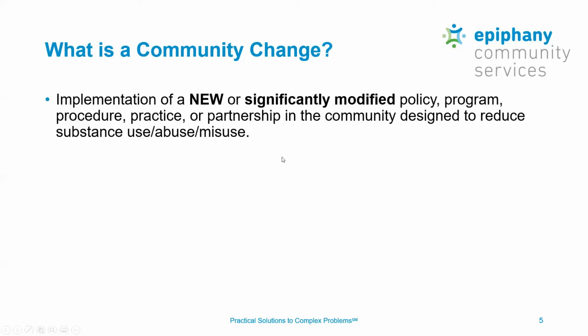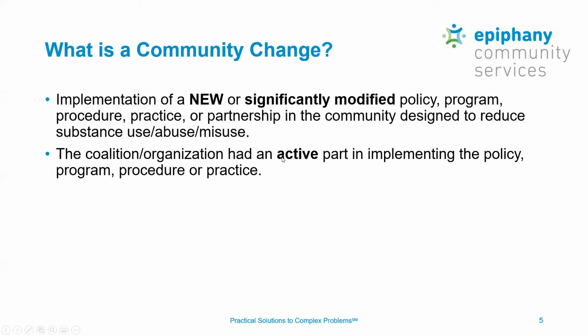And the last thing we have on this page with what is a community change was making sure the coalition or the organization had an active part in the implementation. Basically what that means is, if the local school district decides to update a policy, but asked for no input from the coalition, and the coalition was not involved, the coalition can't quite take that community change as their own, because they were not actively part of implementing it, right?